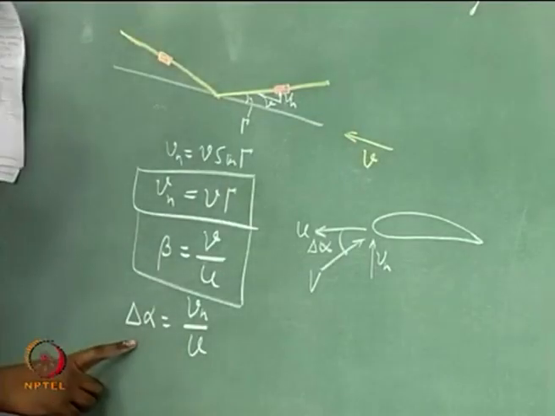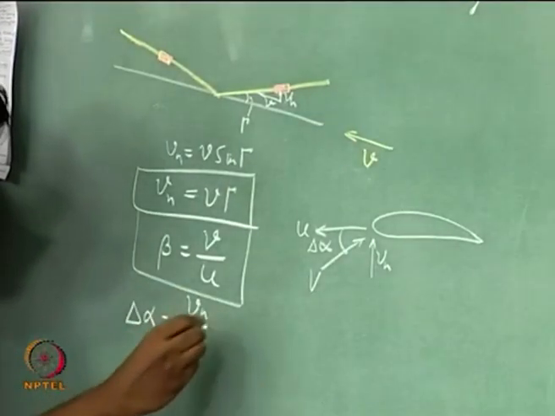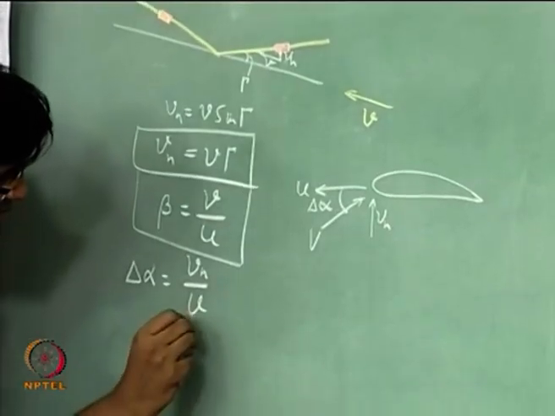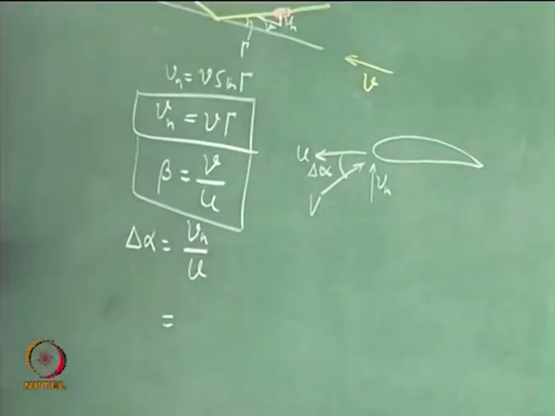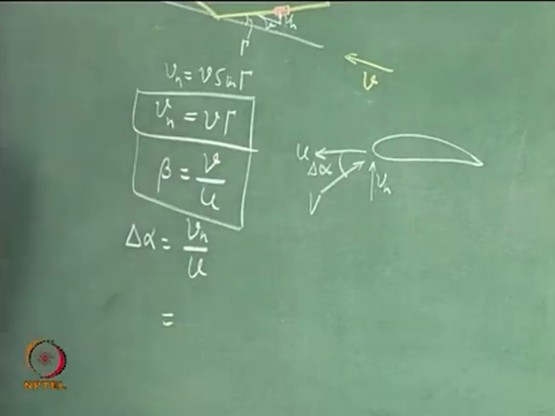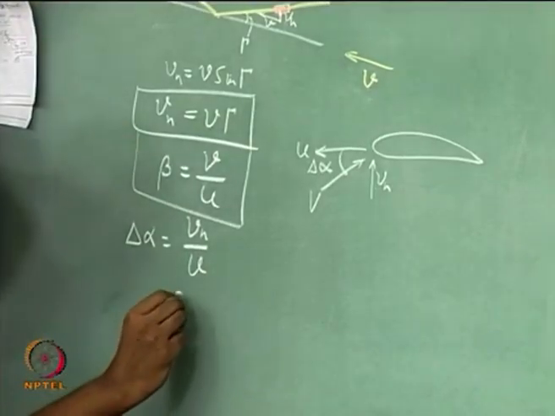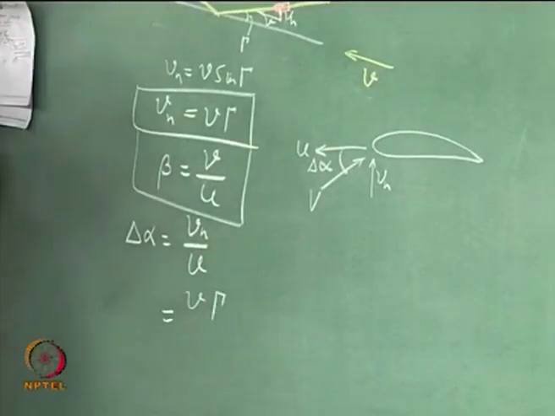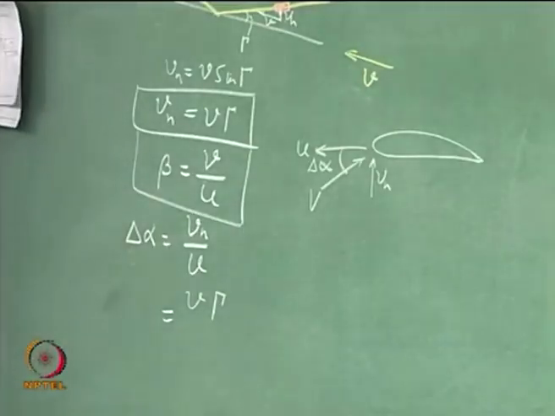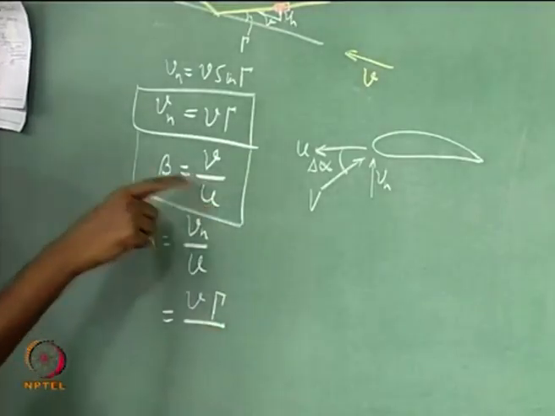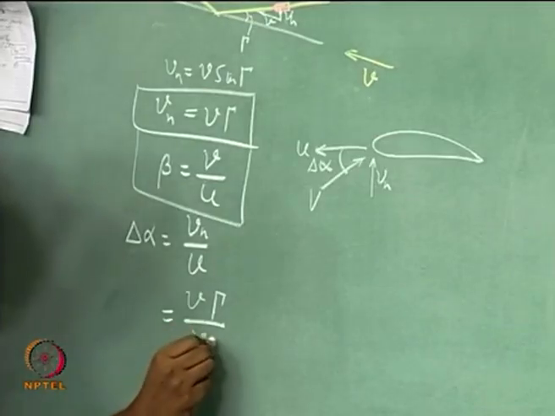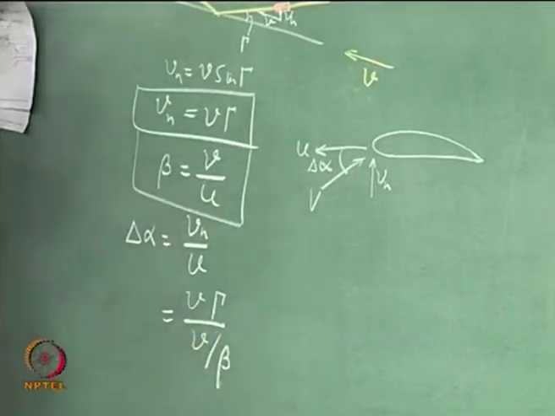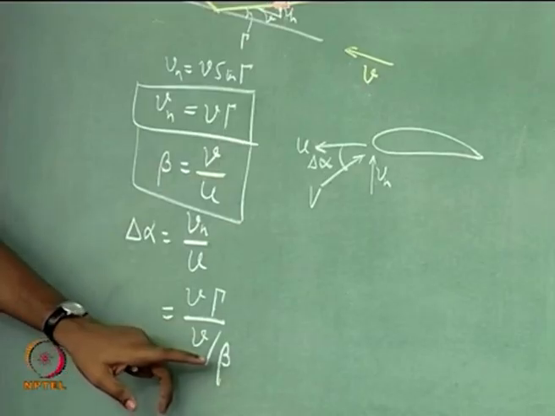So this delta alpha is going to be positive, and see what this is. Now Vn is this and U is this, small v over beta.